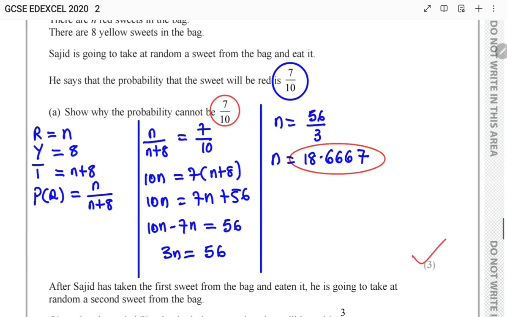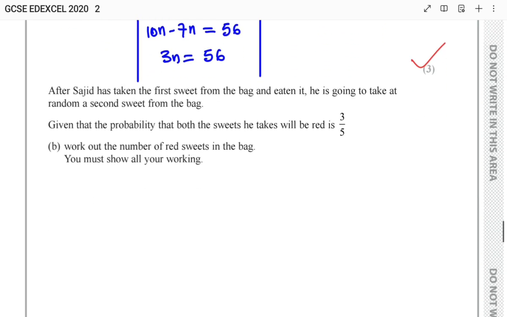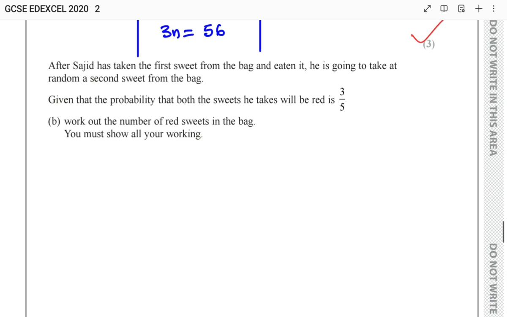So let's move to the B part of the question. Now, the B part of the question says that after Sajid has taken the first sweet, let me put R1, that is the probability of picking the first one, is of course n over n plus 8. Now, we're told that he is going to take at random a second sweet from the bag.